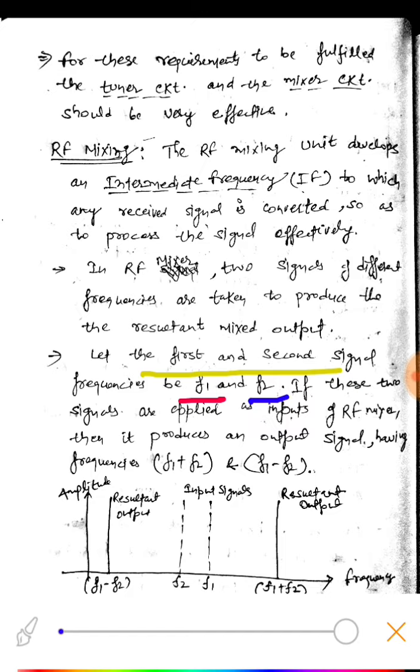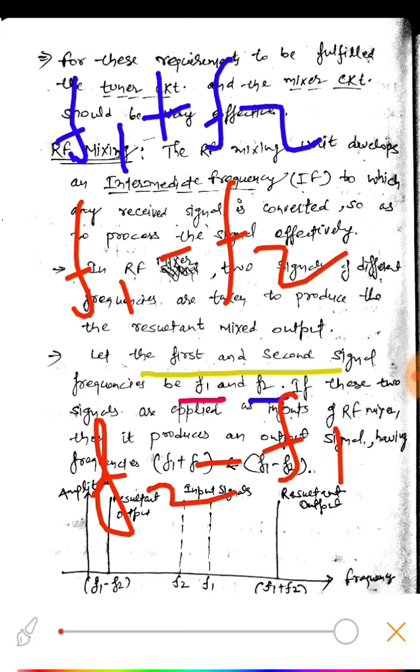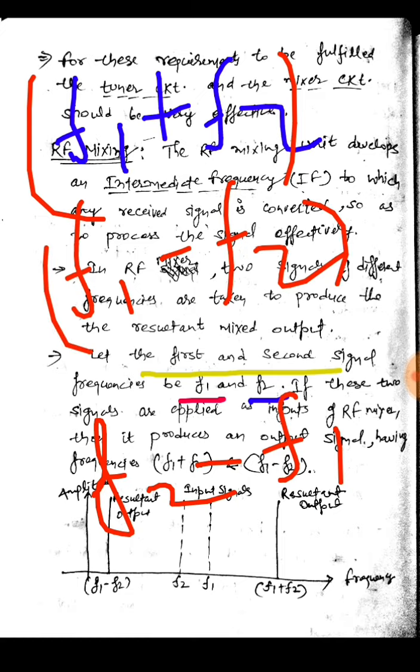If these two signals are applied at the input of the radio frequency mixer, then it will produce an output having two frequencies: one is f1 plus f2 and the other is f1 minus f2, in case f1 is greater than f2. If f2 is greater than f1, then it will produce f2 minus f1. These are the two intermediate frequency signals that the mixer will produce.